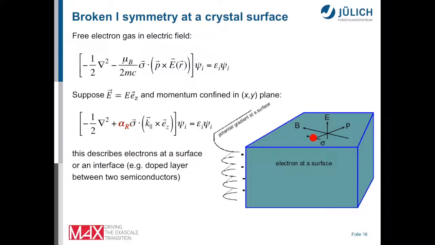And in a free electron model, you can describe this with a simple Hamiltonian, which is called the Rashba Hamiltonian, and this effect is then called the Rashba effect.